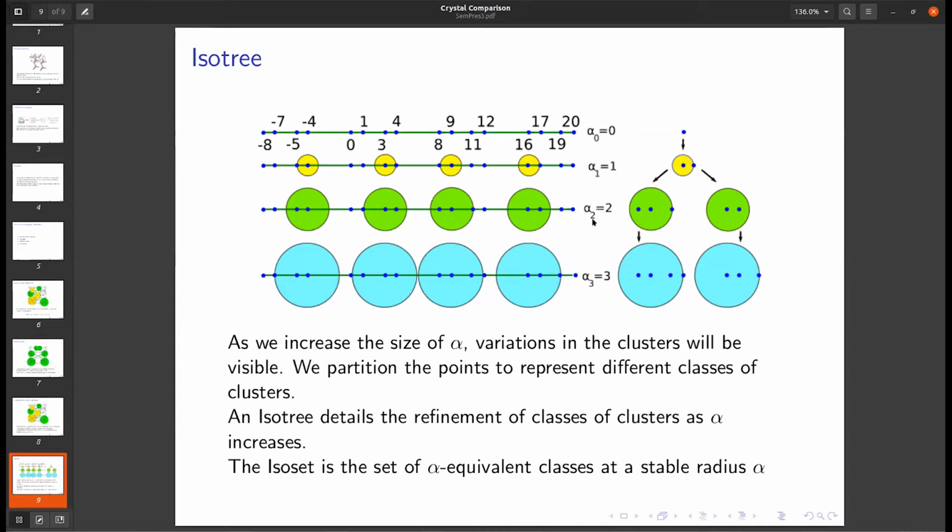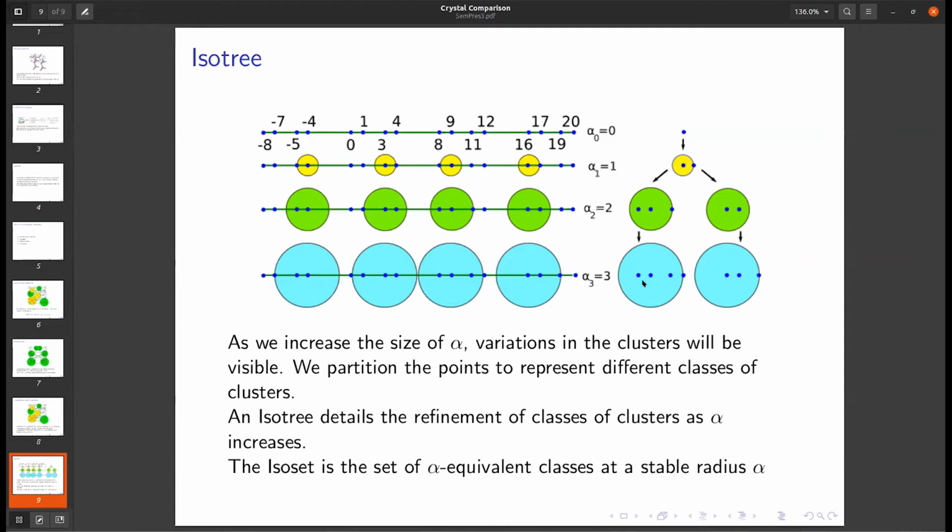So what that means is there is actually a point for any representation where the equivalence classes don't change anymore. And that is a stable radius. We call that a stable radius. So we prove the existence of such a stable radius. And if we find the collection of equivalence classes at that stable radius and collect the local clusters, the atomic neighborhoods for each of the points at that stable radius, we get a solid representation of that crystal.